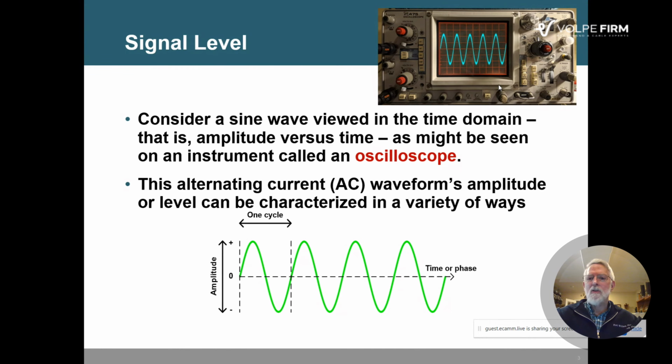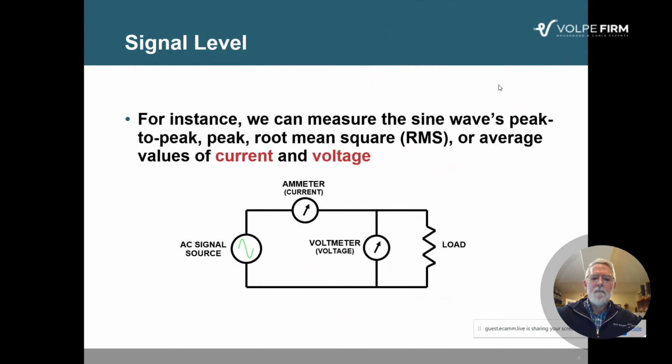And then we can see the horizontal axis being labeled time or phase. And as we think about ways to measure an AC source, we can measure the AC signal's peak to peak, root mean square, or average values of parameters such as current and voltage.